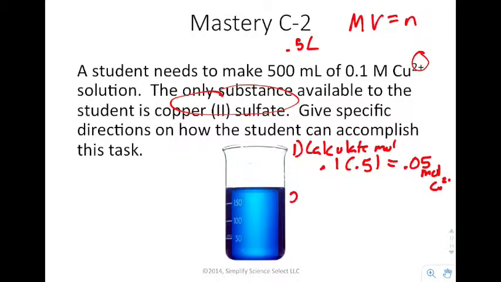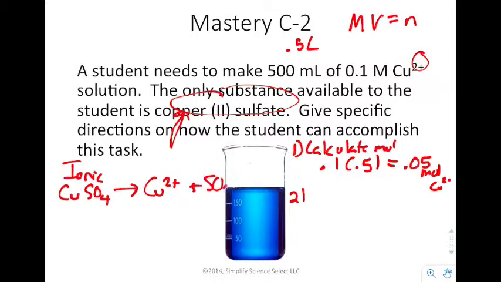The next thing I need to do is convert to mass. Now, copper sulfate is an ionic substance. So what happens is whenever you put it in water, it becomes copper 2 plus and SO4 2 minus. So when I do this, I will have copper ions.